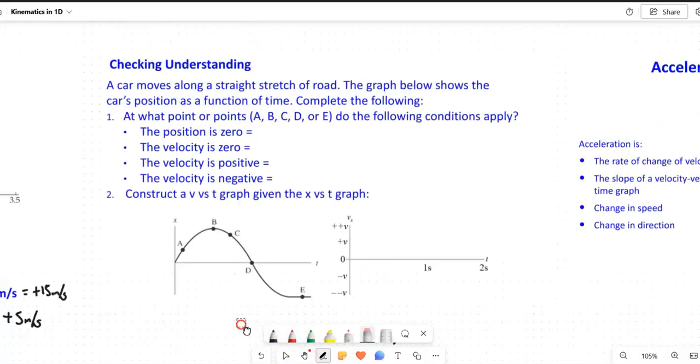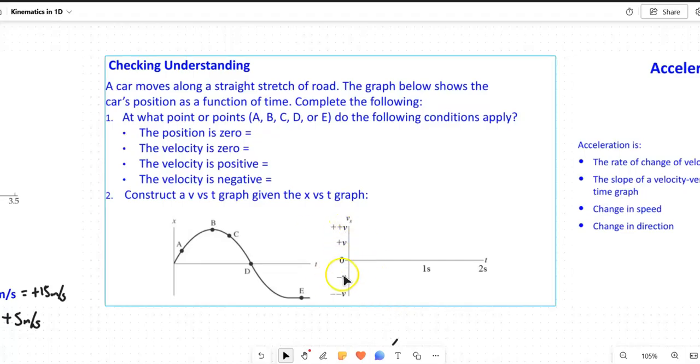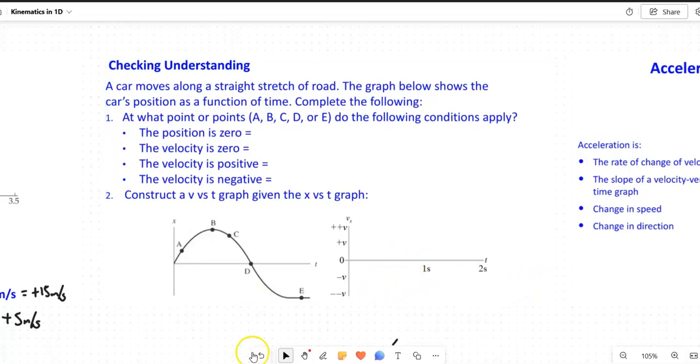So just take a moment and transfer slopes as positive, negative, or 0 to these points right here, and then construct a graph of positive and negative slopes over the period of 2 seconds. And I'm assuming this occurs at 1 second and this occurs at 2 seconds. Okay, go ahead and try this out on your own, and pause the video now.